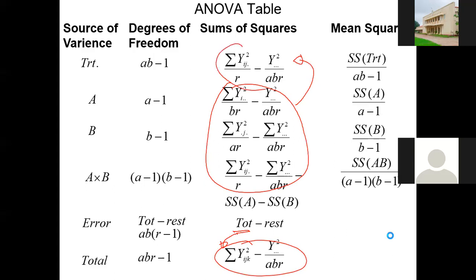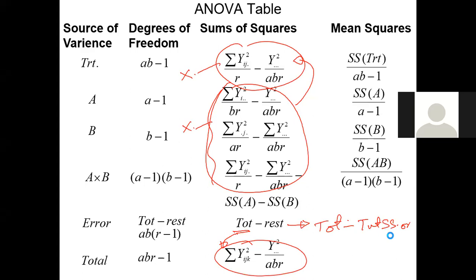If this value is x, the total of this also will be x in the sum square. So here, it is total minus treatment sum square, or total minus sum square due to A, sum square due to B, and sum square due to AB.